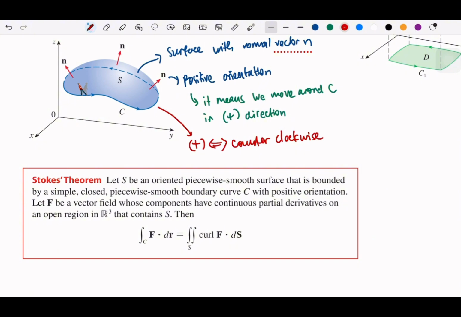And then we can write the line integral of F dot dr equal to the surface integral of curl F dot dS. So this is the introduction for the Stokes theorem, which connects the line integral on the boundary C with the surface integral for the surface S.